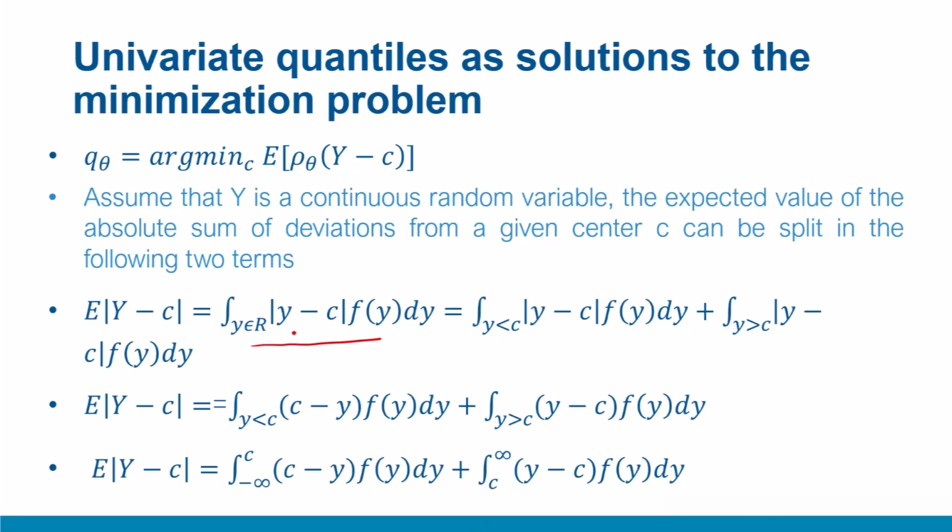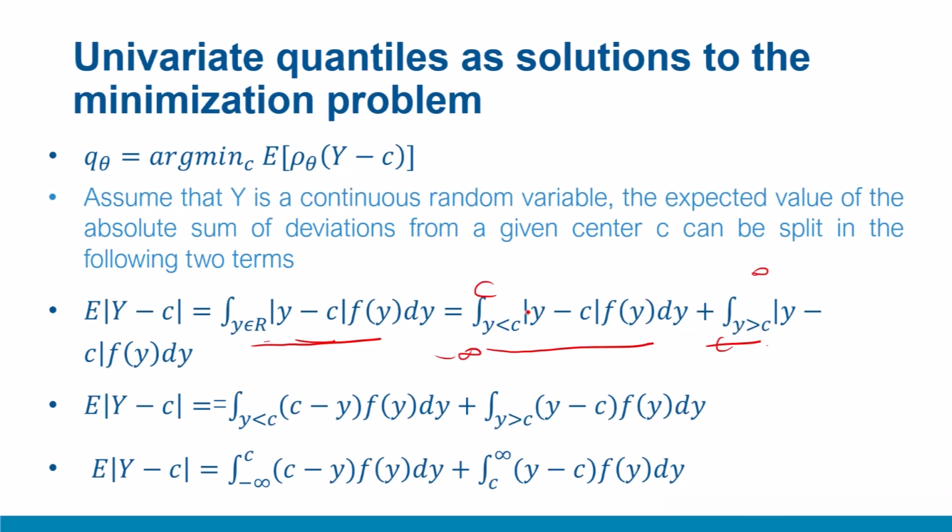So we can express it like this, where y is, you can think of, a real number. Now this is a mod, so we need to make this differentiable over the full range. Without any loss of generality, we can break it down into two pieces. The first piece is where y is less than c, which you can think of as minus infinity to c. And in the second part, y is greater than c, which is c to infinity.